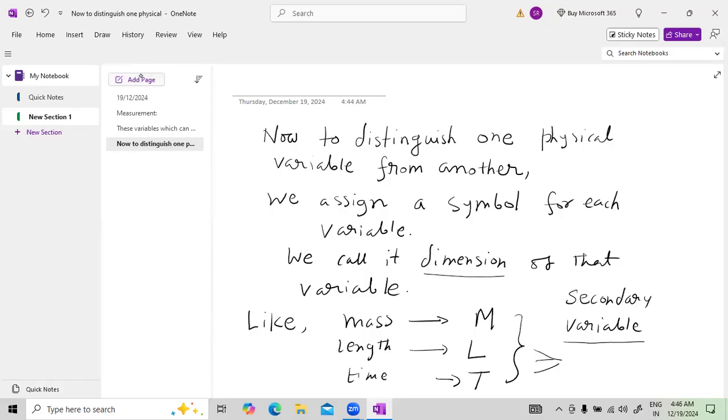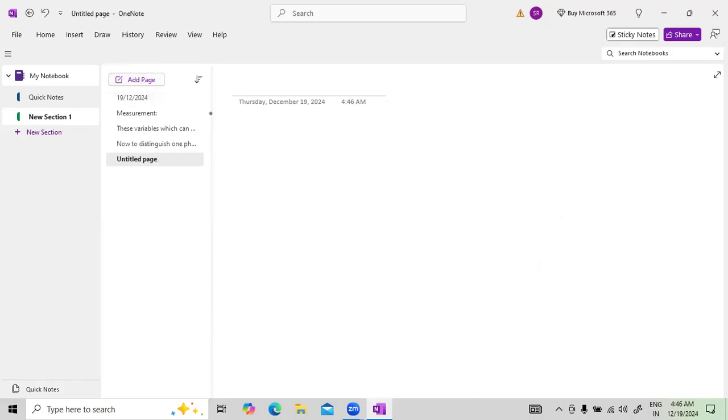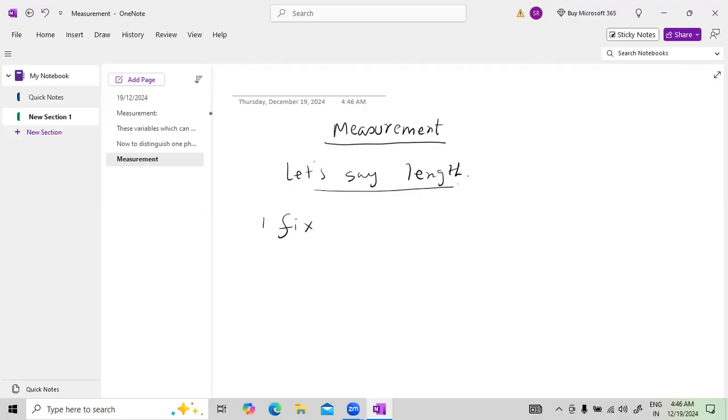Now, coming back to the measurement aspect, when we measure something, let's say length, first of all we have to fix a standard of length.